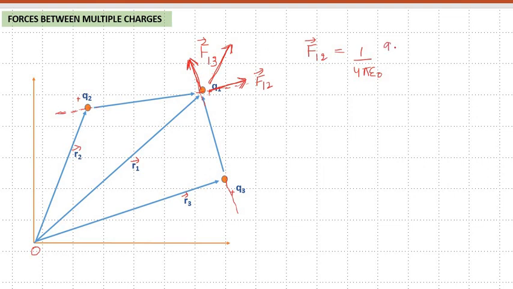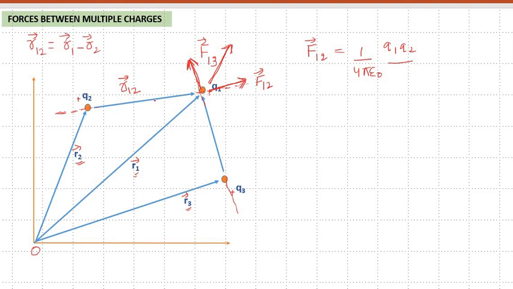Then we have Q1 Q2 upon the distance between Q1 and Q2, which is represented by the R12 vector. This vector, whose head is towards Q1, is R12, because the position vectors of all the charges are written over here. As per the vector addition, this is R12, and if you have forgotten, I must say once again that R12 is equal to R1 vector minus R2 vector.